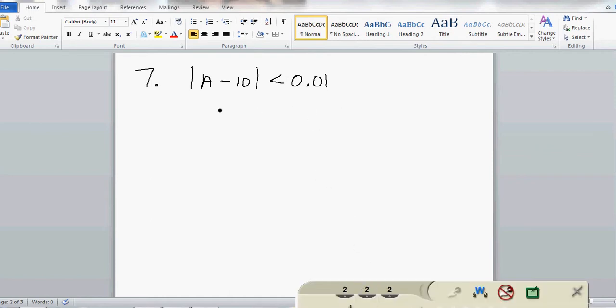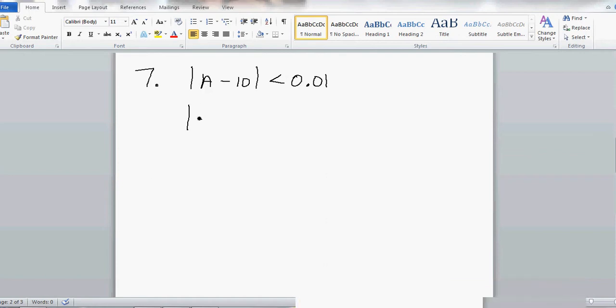First of all, we would have A. A represents f of x because that's the function that we're dealing with. So this is equivalent to the absolute value of f of x minus L, where L is the limit that we want, the perfect value that we want, and it has to be less than, if we look at the definition, epsilon.